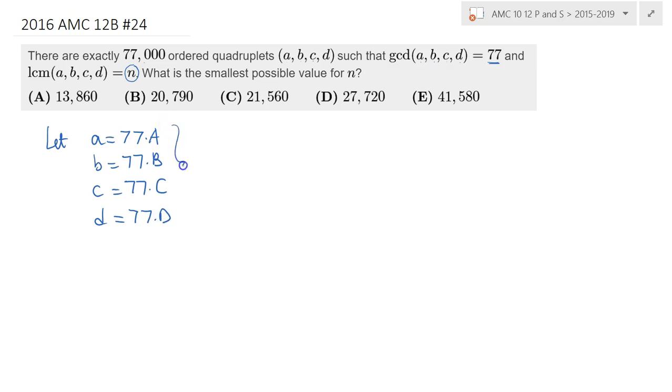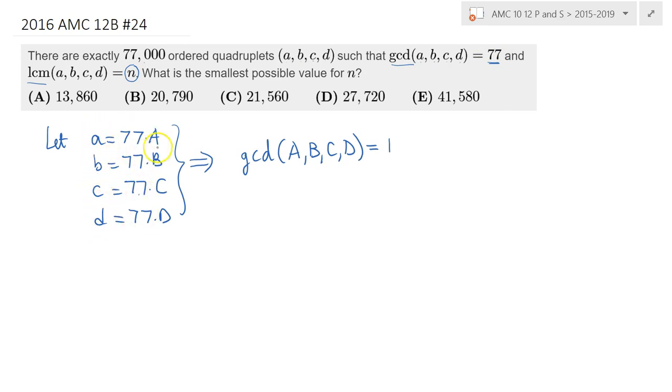The benefit of doing that is that these two conditions, the greatest common divisor and the least common multiple, now become the following. The greatest common divisor of capital A, capital B, capital C, and capital D now is 1, right? Because we removed the 77, which is the only common factor between these four numbers.